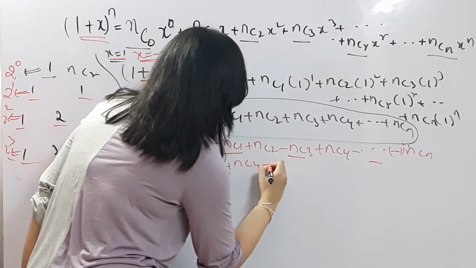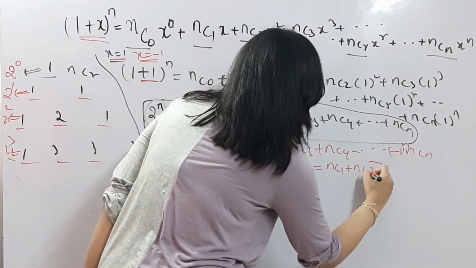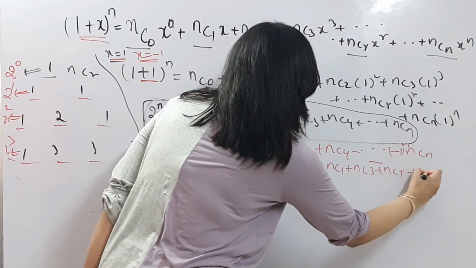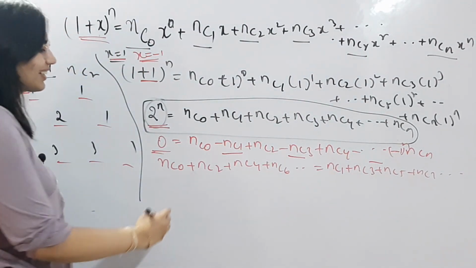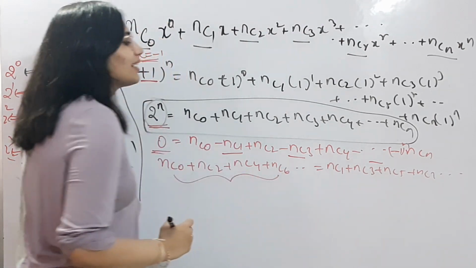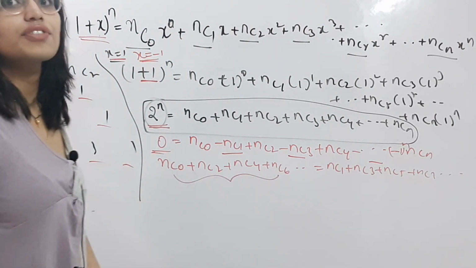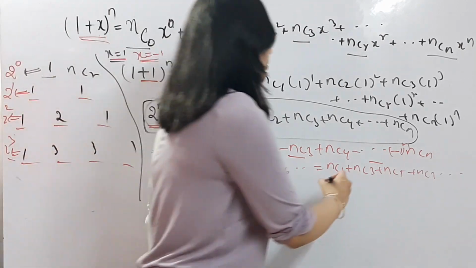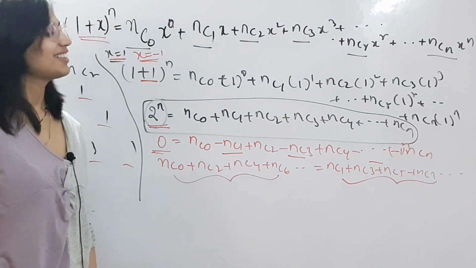nC0 + nC2 + nC4 + nC6 and so on is equal to nC1 + nC3 + nC5 + nC7 and so on. That means, in short, can we not conclude that the sum of all the binomial coefficients of even terms is equal to the sum of all the binomial coefficients of odd terms? Yes.